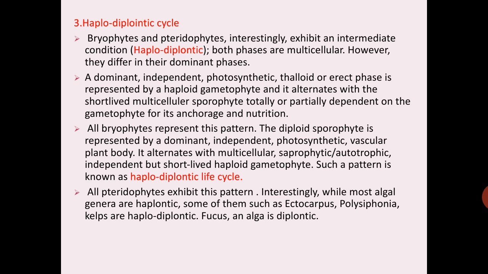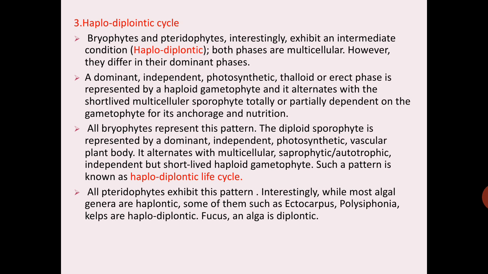Both the phases are multicellular and they differ in their dominant phases. All pteridophytes exhibit this pattern. Interestingly, while most algal genera are haplontic, some of them such as Ectocarpus, Polysiphonia and kelps are haplodiplontic. Fucus, an alga, is diplontic.